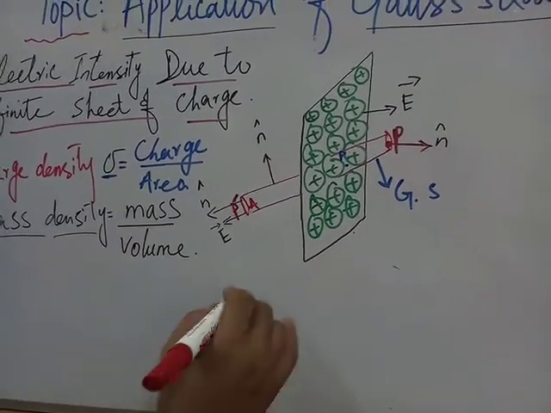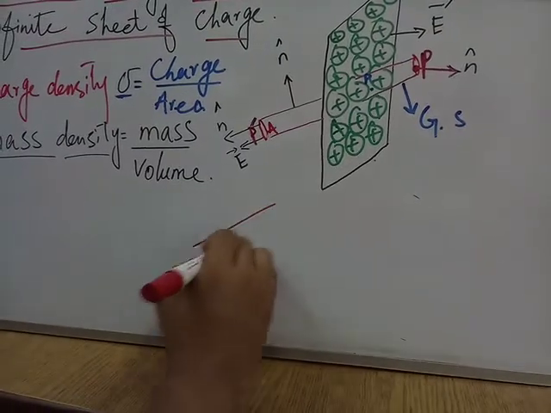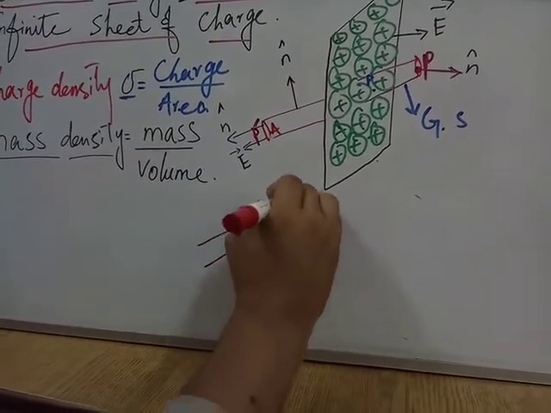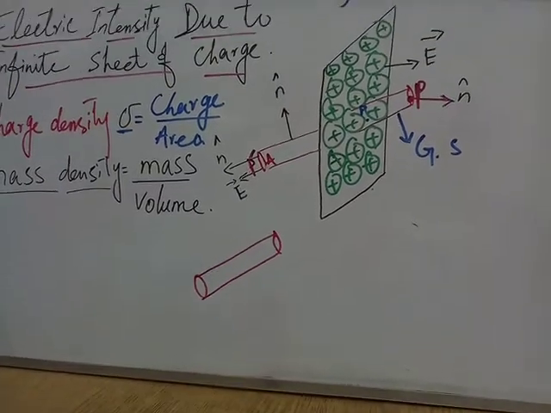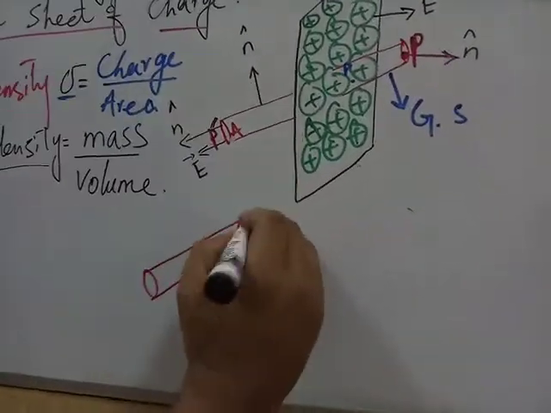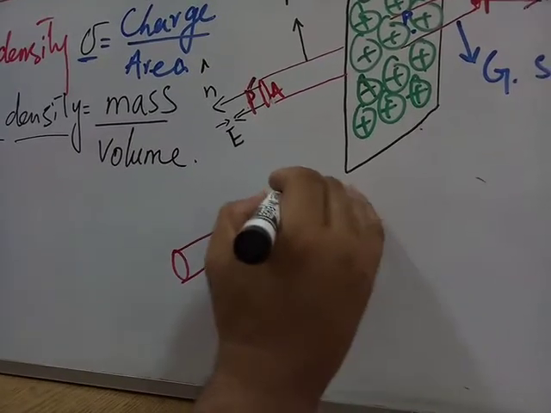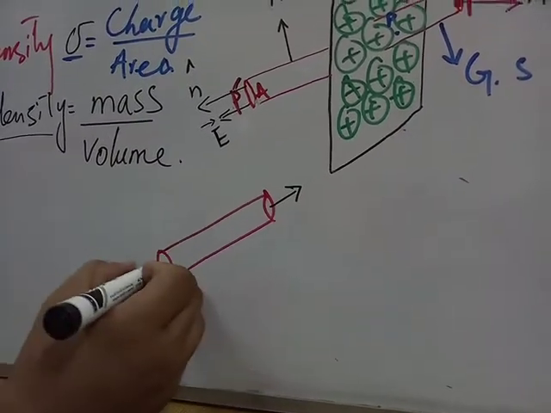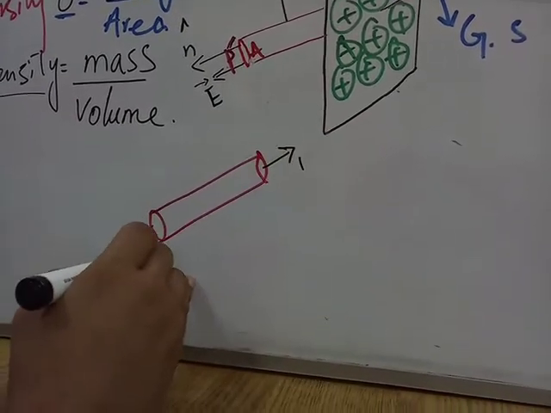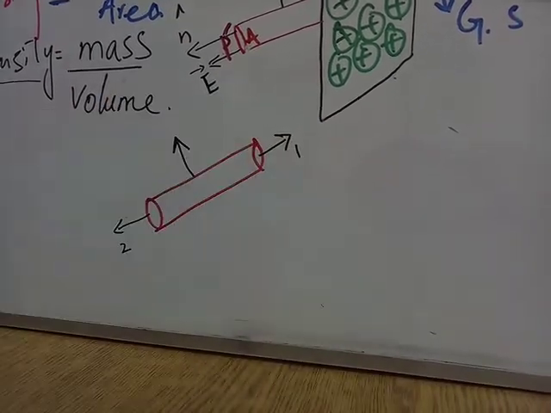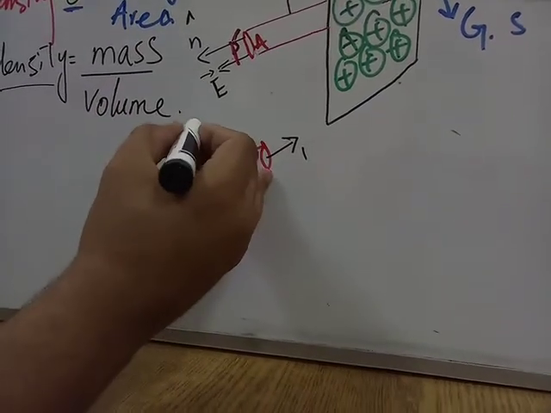So let me draw the cylindrical surface. I can explain more here. This cylindrical surface has three faces. This is one, this is two, and the third is the curved surface. This is surface 3.